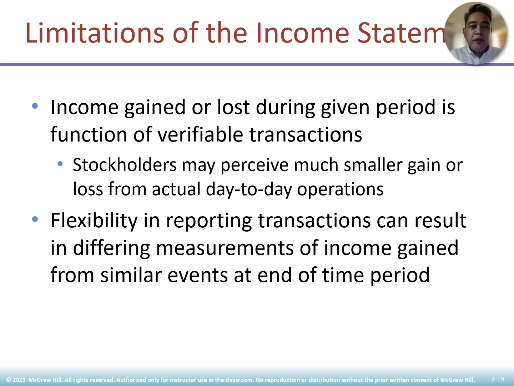Income gained or lost during a given period is a function of variable transactions. So stockholders may perceive smaller gains or losses from day-to-day operations. And then flexibility in reporting transactions can result in different measurements of income gained from similar events at the end of the time period.